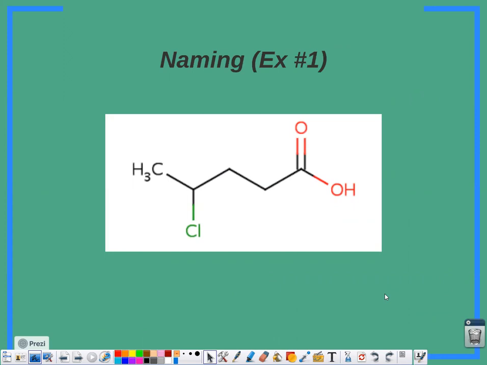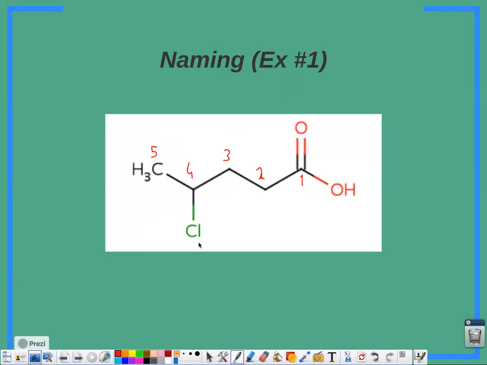Yes, if the compound is like this one, how can we name it? Remember, the number 1 is always this carboxyl carbon here: 1, 2, 3, 4, and 5. Then the IUPAC rules: first we have to choose the longest continuous chain, here with 5 carbon atoms.